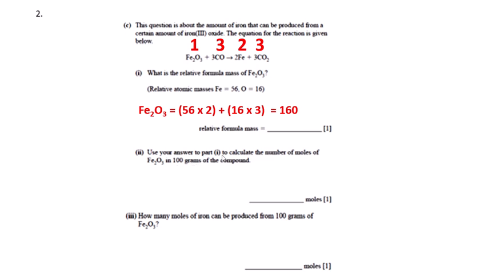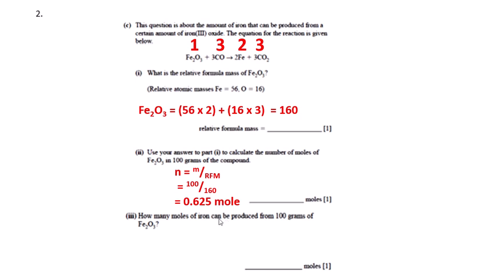Then use your answer in part 1 to calculate the number of moles of Fe2O3 in 100 grams of the compound. Now we know n equals m, that 100 mass, over RFM, that 160. So let's put those in. 100 divided by 160 equals 0.625 mole.